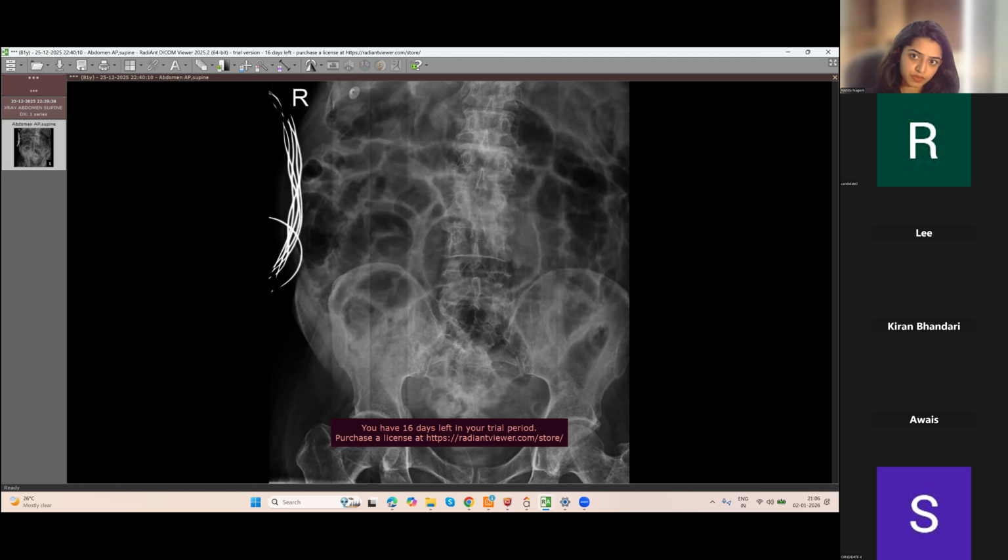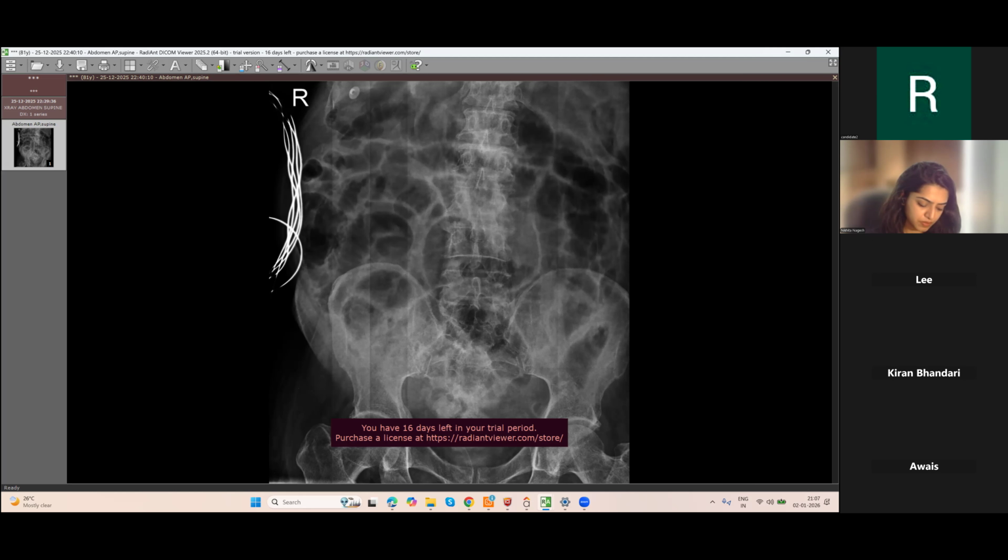In my normal practice, I also look at the erect X-rays that cover the diaphragmatic region to look for free air under the diaphragm, as well as the hernial orifices region and lower pelvis.